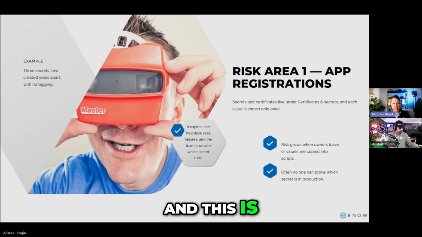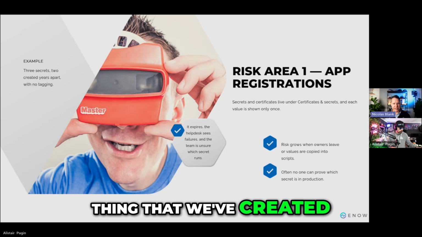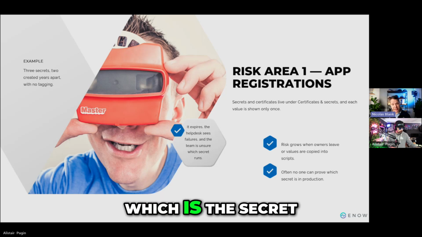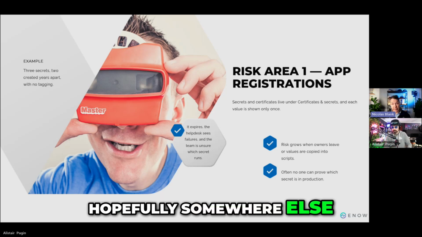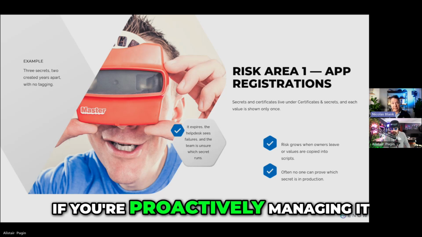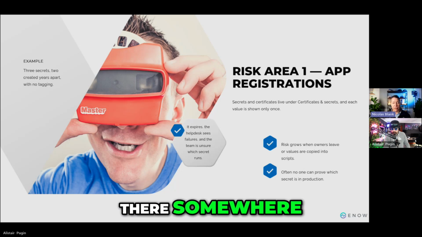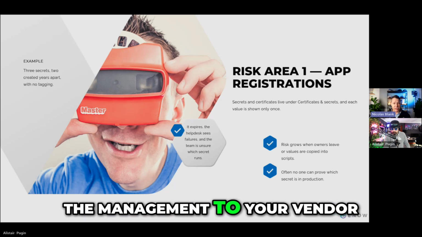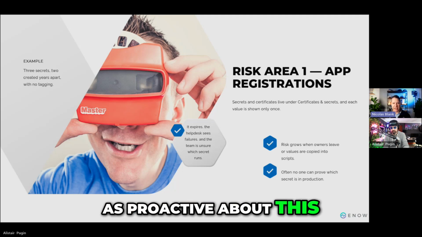And this is analogous to that, where we've got this thing that we've created. We've had to document the password, which is the secret, and that secret is documented probably in your source code, hopefully somewhere else if you're proactively managing it. If you're not, then it's just out there somewhere, or you have surrendered the management to your vendor, who may not be as proactive about this as you are.